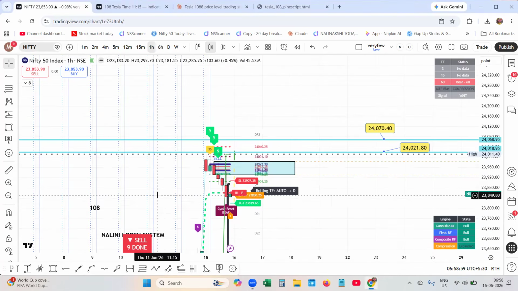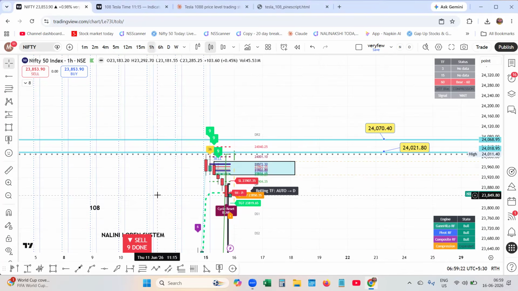We will not be able to catch that move and we wait for the discount. By that time, the 108 time will arrive. Most of my observation is that these price movements will stabilize around this time.